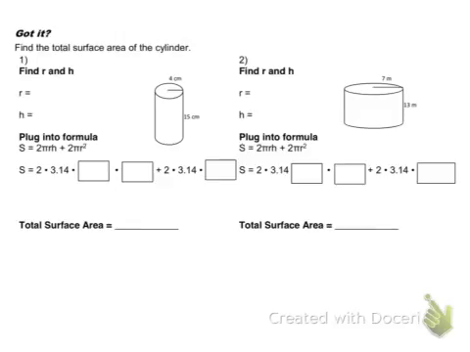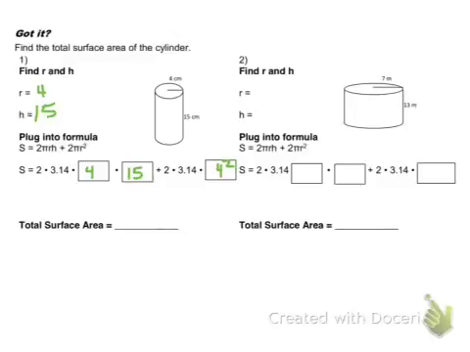Now let's look at this. We've got radius, which is 4, and the height, which is 15. So I have 2 pi rh, so 2 times 3.14 times 4 times 15 plus 2 times 3.14 times 4 squared. That's key. Don't forget about that squared part.